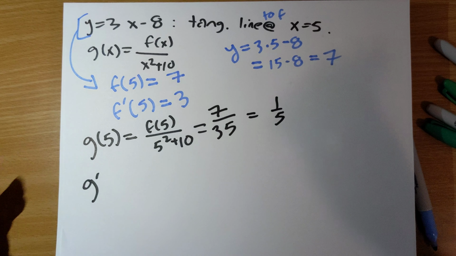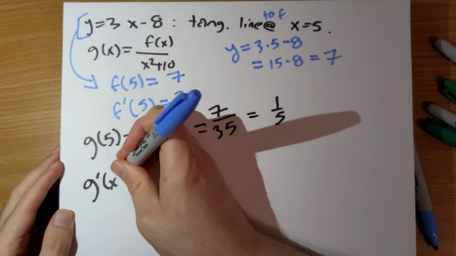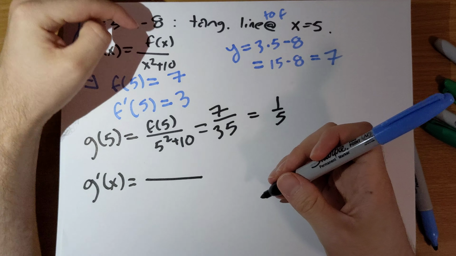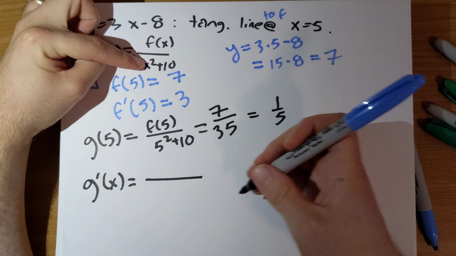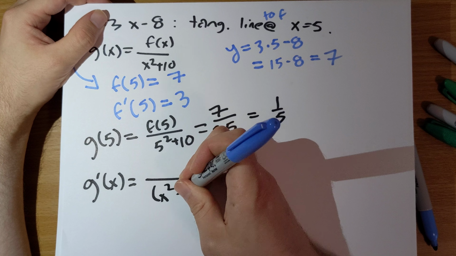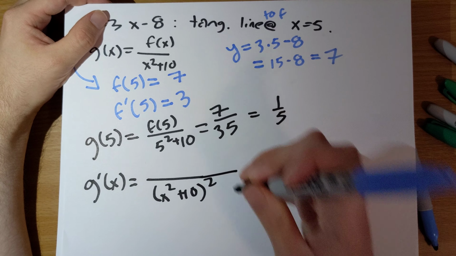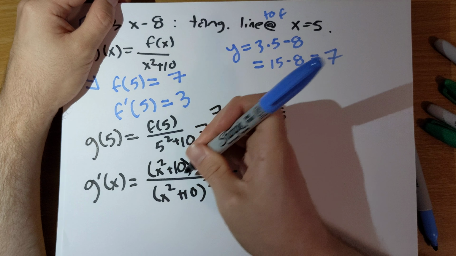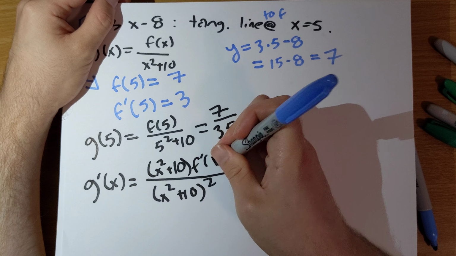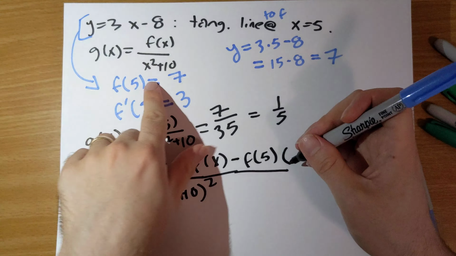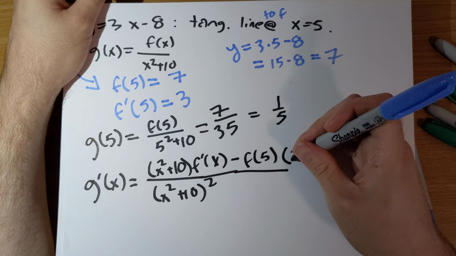And for g prime of 5, well, g prime of x, we're going to use the quotient rule here. So the derivative of f of x over x squared plus 10, it's going to go ahead and write down the denominator squared. It's the low function x squared plus 10 times the derivative of the high function minus the high function times the derivative of x squared plus 10 is 2x.